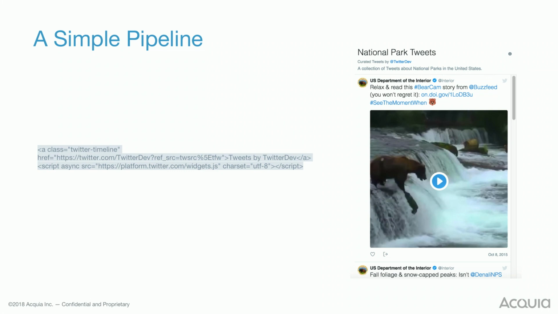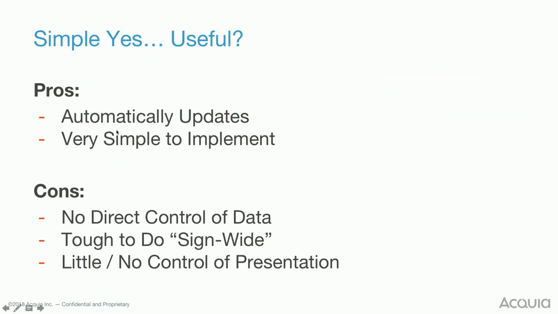And you know that it's going to be relatively safe data because you're pulling it directly from Twitter without anybody getting into it. It is very simple to implement, which is a pro, but the biggest con is that with something like this, you don't have any direct control over the data. And that's going to be a theme we're going to be talking about a lot over these next few slides.